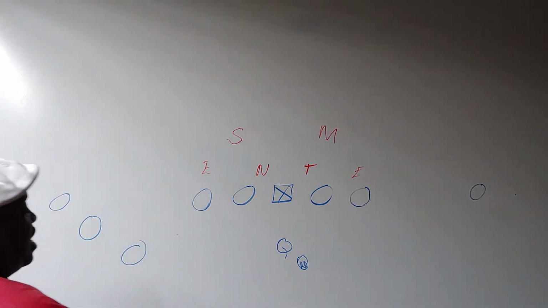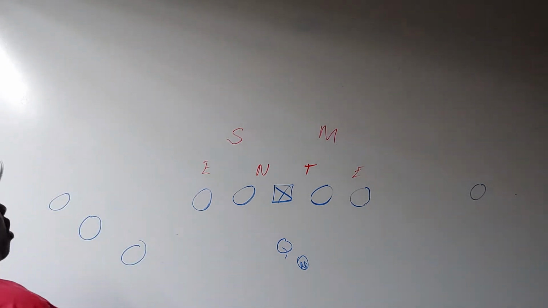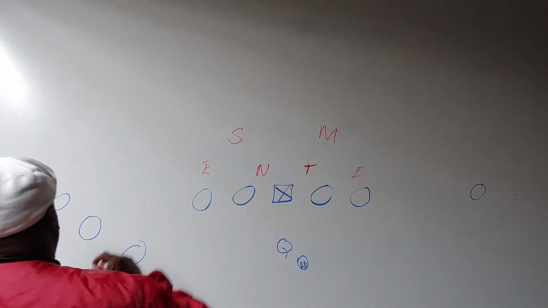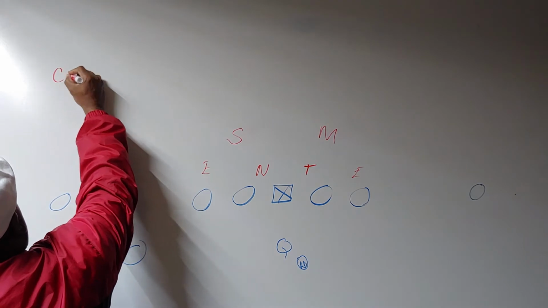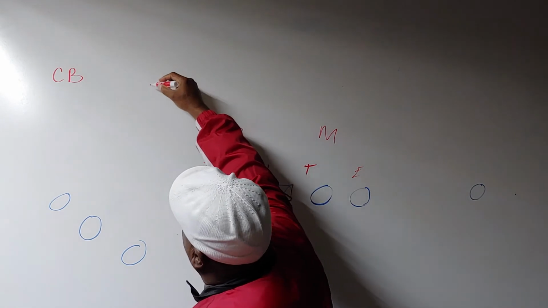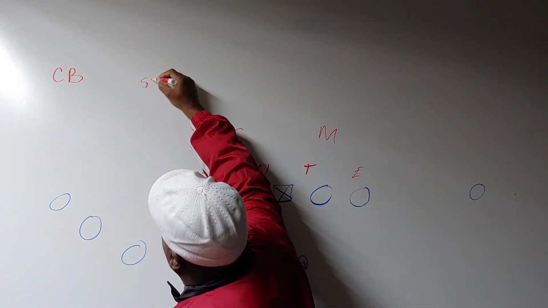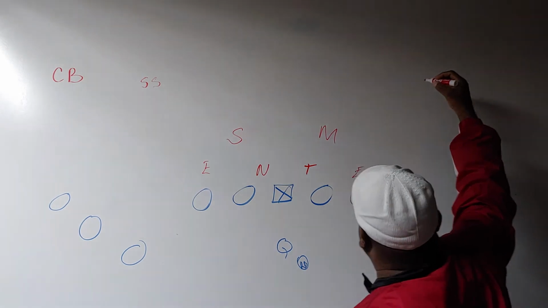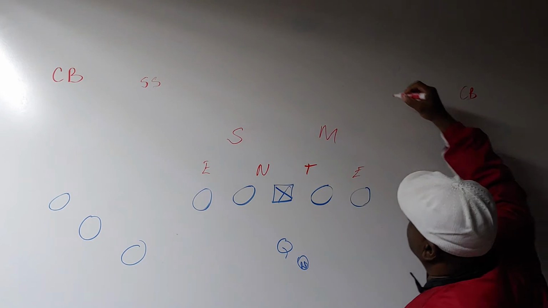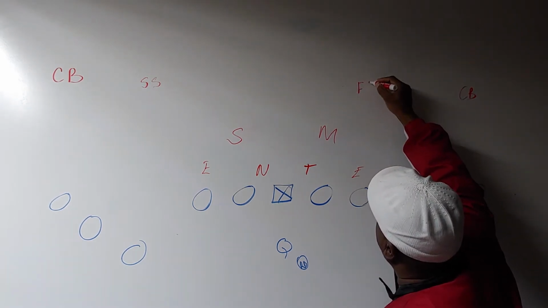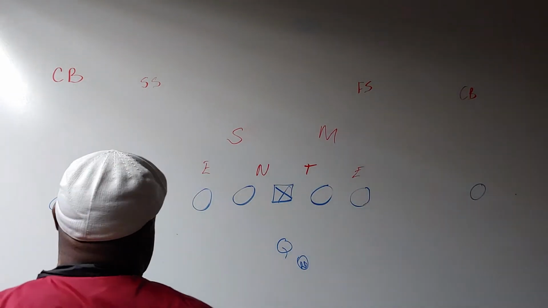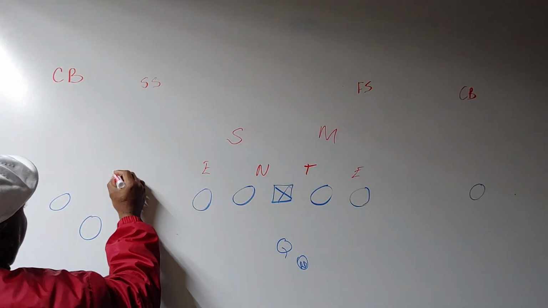Okay, now let's see what kind of coverage we're going to run right here. Let's go over a quarters coverage. Cornerback, strong safety, cornerback, free safety, and let's say outside linebacker.